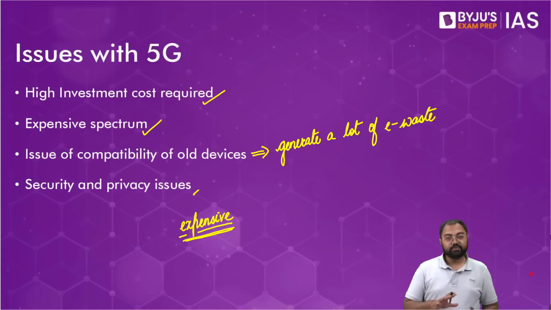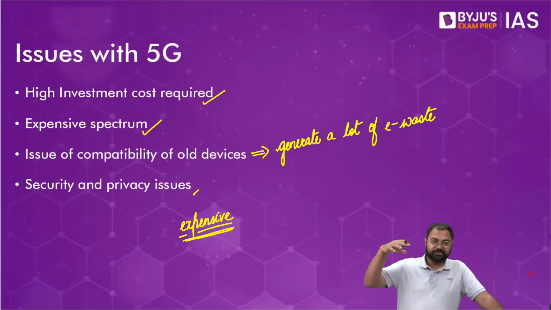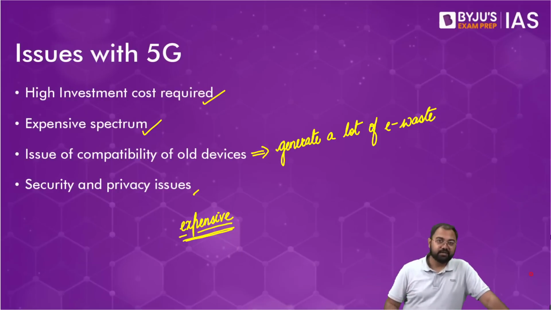So that's the problem we have right now, and we have to solve all these problems. Otherwise, the penetration that we are expecting will not happen at that level. You might have the infrastructure, but people will not go for it unless we start improving it and provide it in a much better manner.